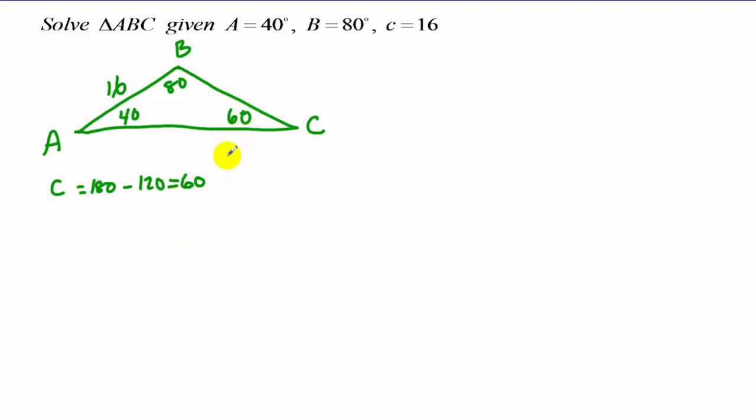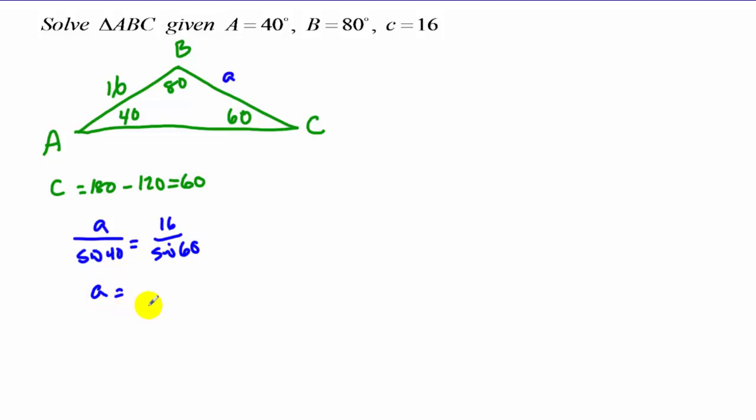And now we're left to find both B and A, those sides, so we're going to have to write two separate ratios. I'll find A first, let's say. So A over the sine of 40 is equal to 16 over the sine of 60.